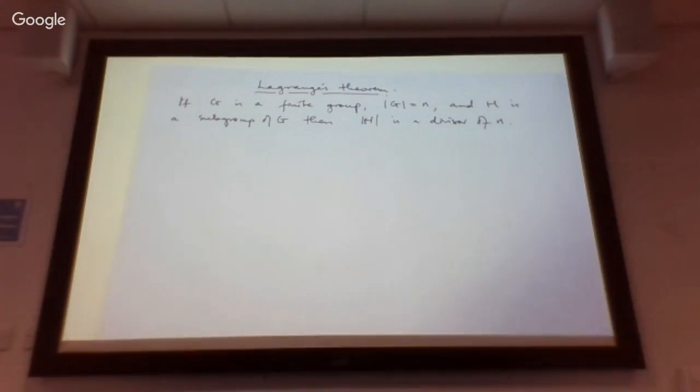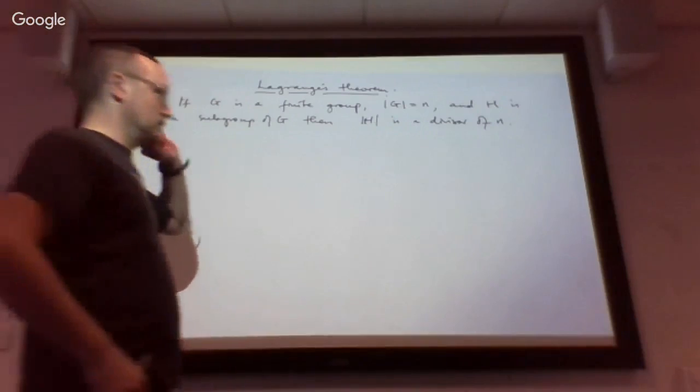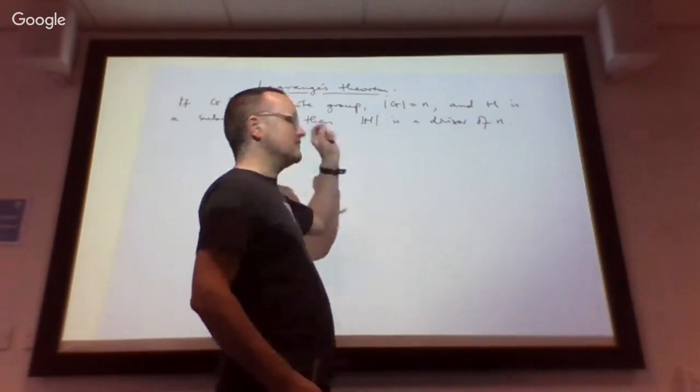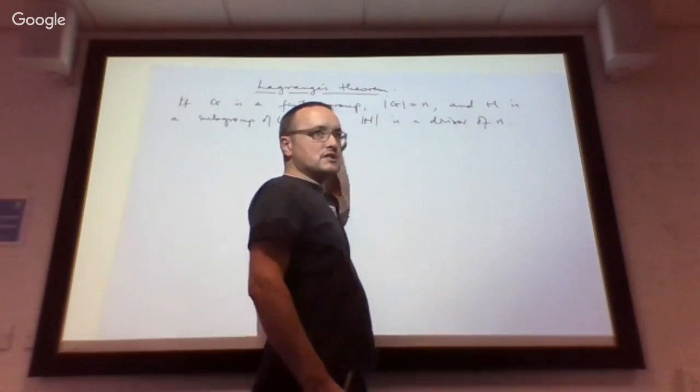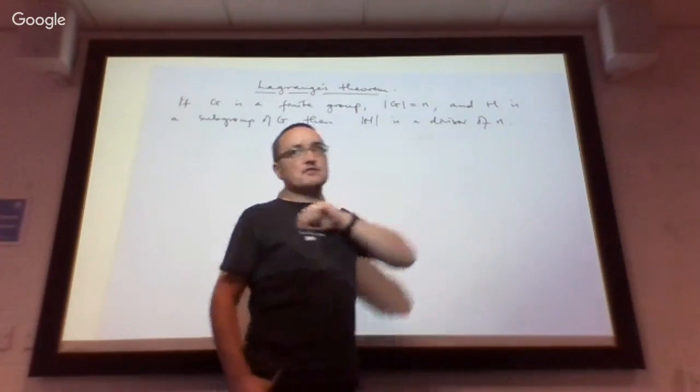Now, we'll look at an important counterexample towards the end. What Lagrange's theorem does not say is that there definitely exists a subgroup of that particular size for any divisor of n.